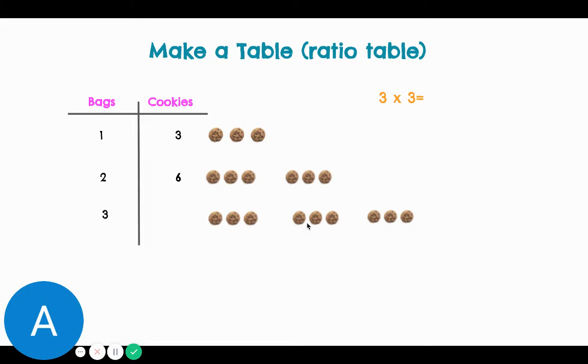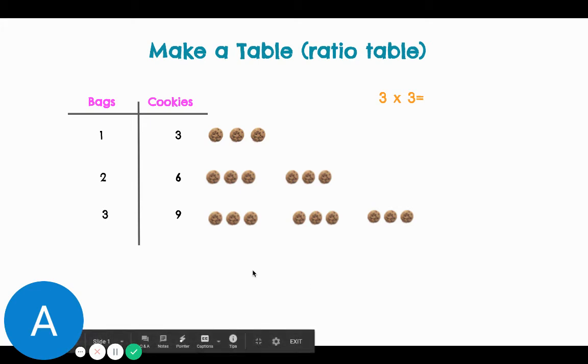This was 6. If I add one more group of 3 to 6, I will get 9. So my answer for this problem, 3 times 3, is going to be 9. And this is a strategy you can use for any of your multiplication problems, in addition to any of the other ones that we've worked with.